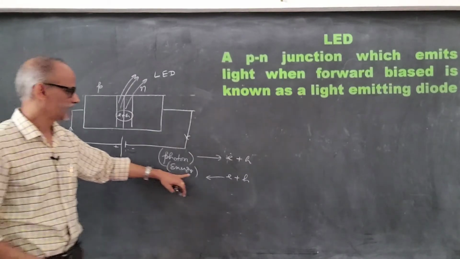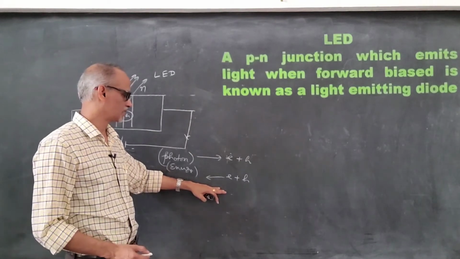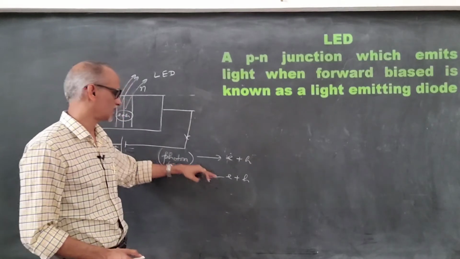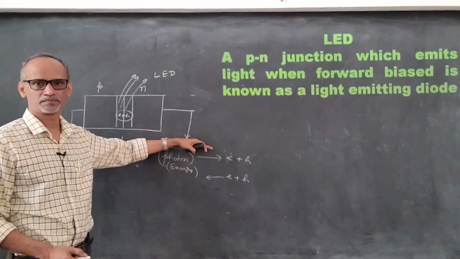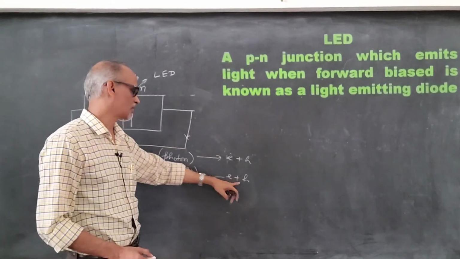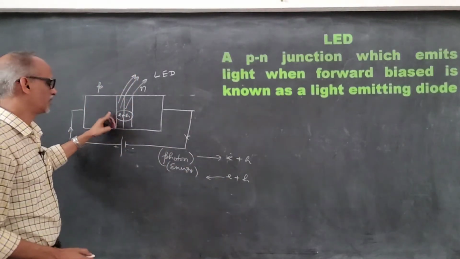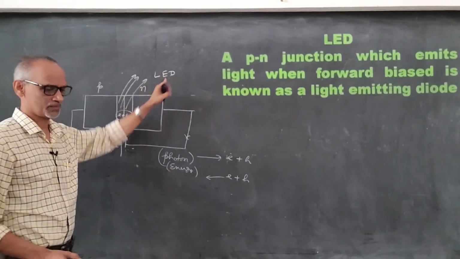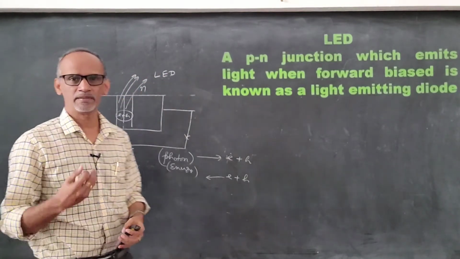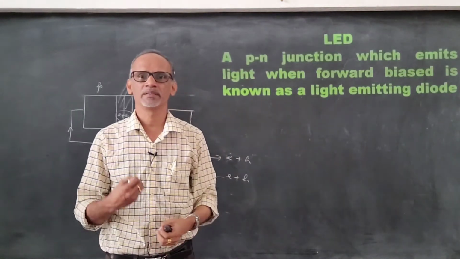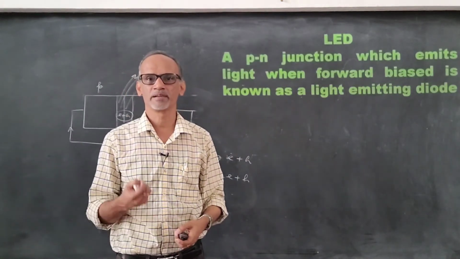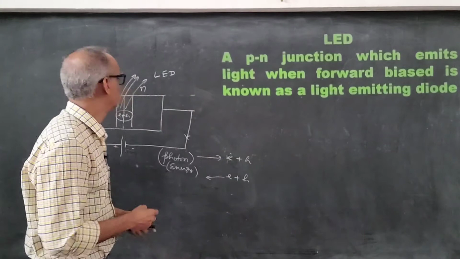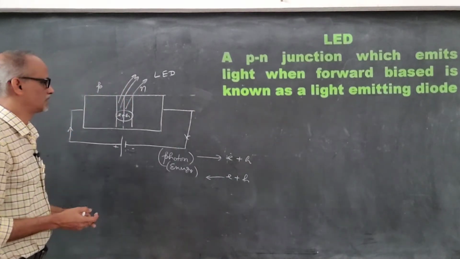So therefore, in an LED, the process is exactly opposite to that of the photodiode. Here, electron hole combination takes place, and that liberates energy. That's why it is called a light emitting diode. It emits not only visible light, but even invisible radiation like infrared. Infrared diodes are available.